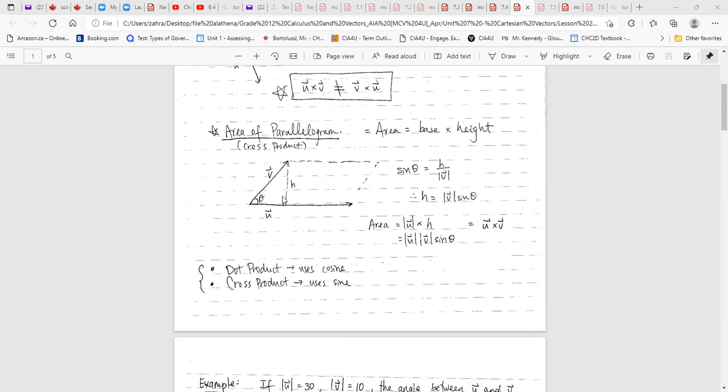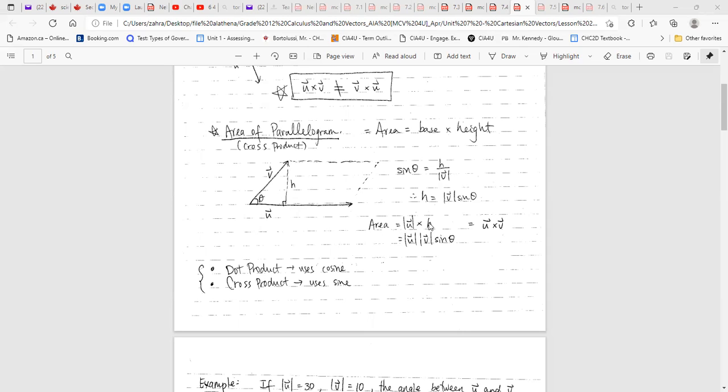If you see that, sine of theta is h over hypotenuse, which is v. You can rearrange for h. h is sine theta multiplied by v. Also, we know the area of the parallelogram is going to be h multiplied by the base u, the magnitude of u.